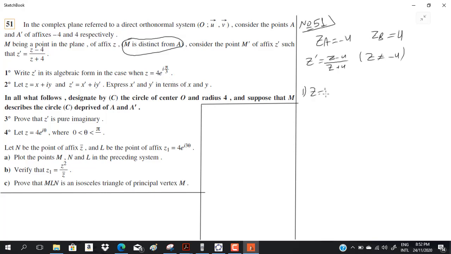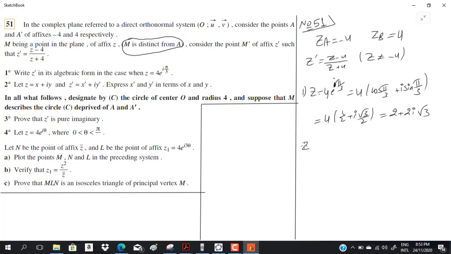Z equal 4 exponential of I pi over 3 يعني equal 4 cosine pi over 3 plus I sine pi over 3. We know that cosine pi over 3 is half, sine pi over 3 is radical 3 over 2, so the answer is 2 plus 2I radical 3.